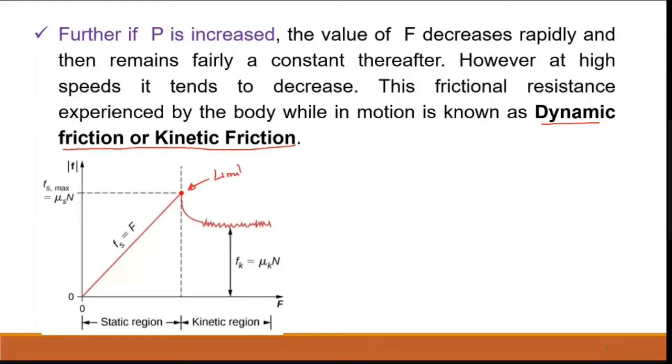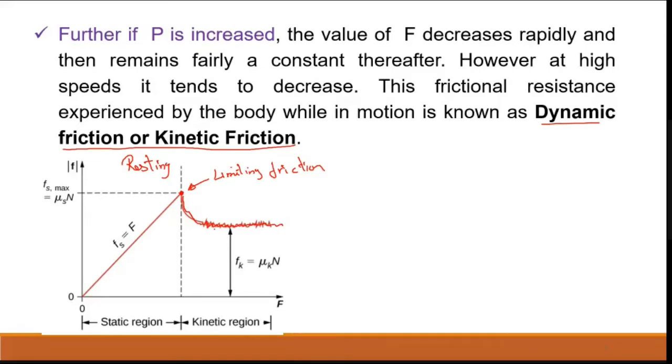At this stage, your object tries to move. Until here, the object is at rest. This is your resting position. After it goes past the limit, your object is trying to move. Your friction is reducing rapidly, and then it maintains some constant value.